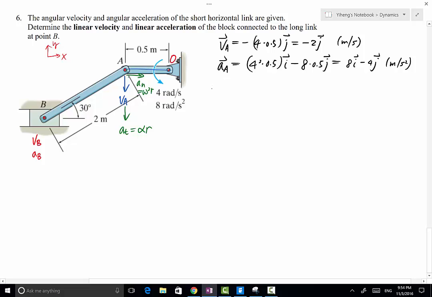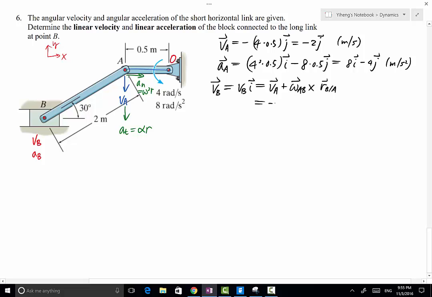So now VB, even though we do not know the magnitude of VB, we do know the direction. The direction must be horizontal, so the component must be I. There's not going to be any J component, and that equals VA plus omega AB, the angular velocity of the rod AB, cross vector RB relative to A.